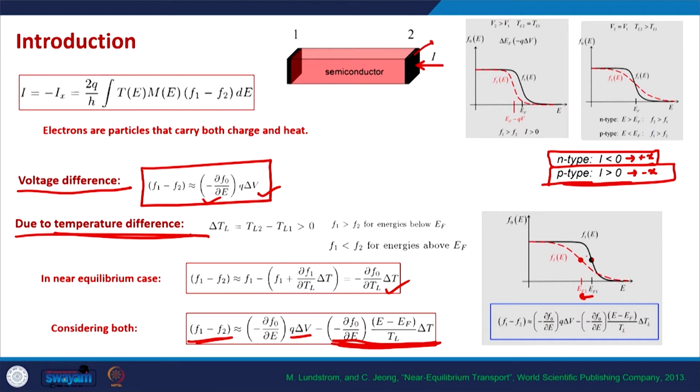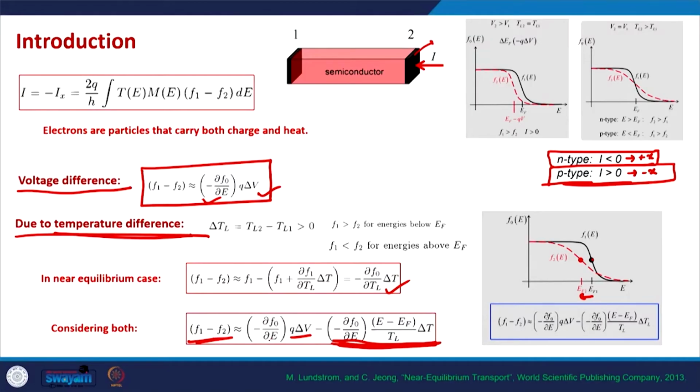So in this very general case, we need to consider both of these terms while calculating F1 minus F2. And please remember that this is a near equilibrium situation. Near equilibrium means that the applied voltage is quite small, and the temperature difference is also small. We are not applying a large voltage or a large temperature difference.